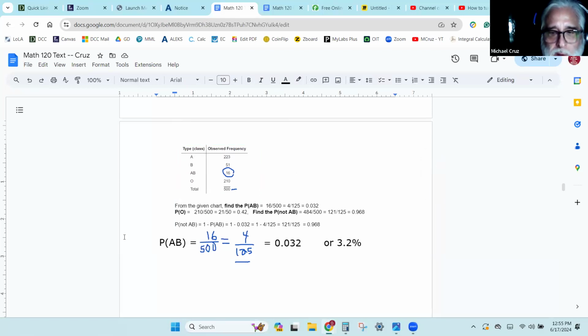All right, let's find the probability of O. So again, our denominator is going to be 500 because that's how many people came in and gave blood. And out of those, 210.